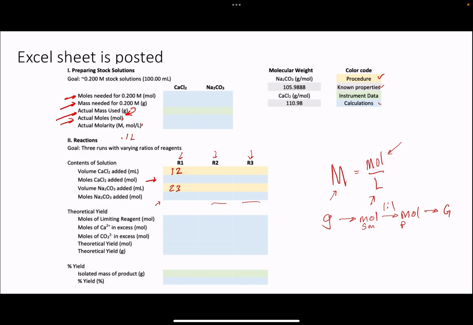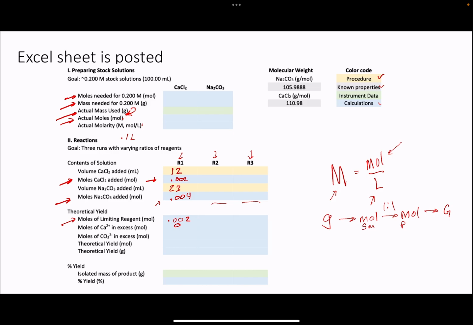But you'll have the moles of the limiting reagent, and that can be seen just based off the moles that you added, right? And so if you have, I don't know, 0.002 and 0.004, well, that's very clear which one is the limiting reagent. So it should be 0.002. And so then moles of calcium in excess, well, because it's limiting reagent, it really should be 0. There's nothing in excess.